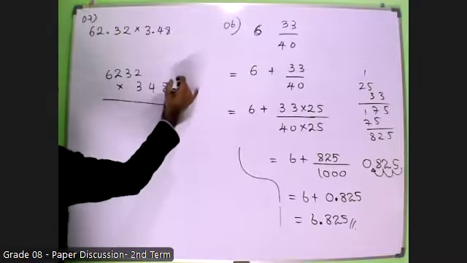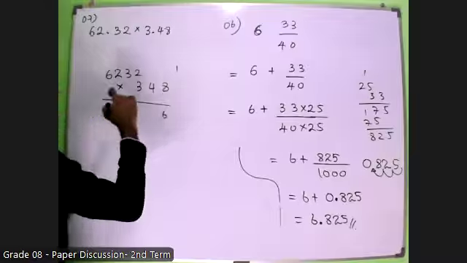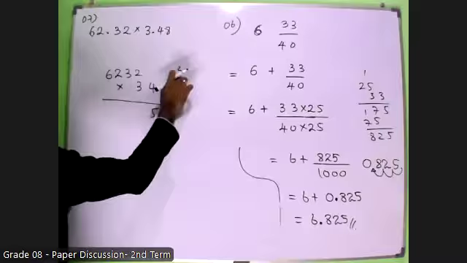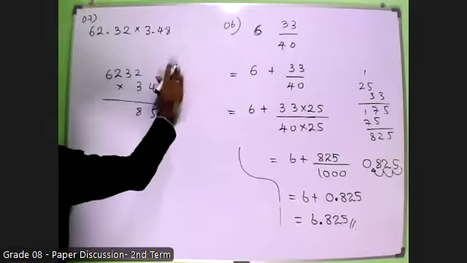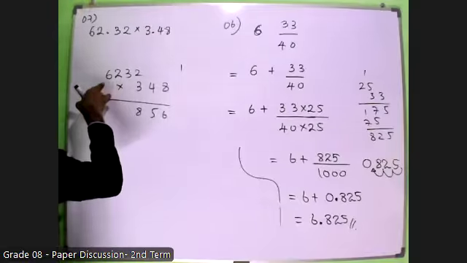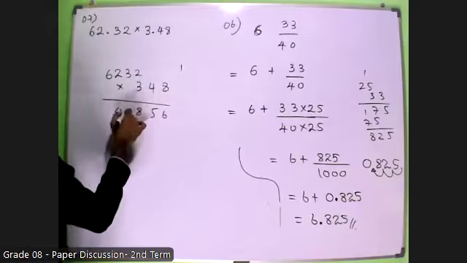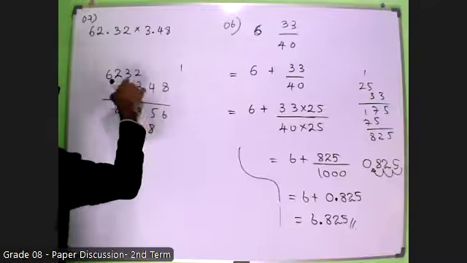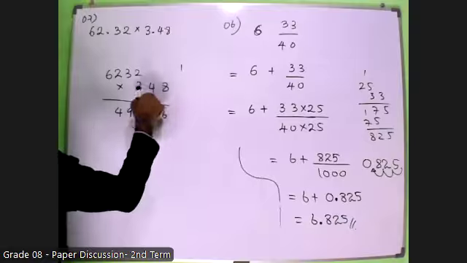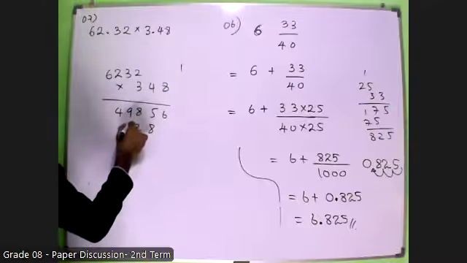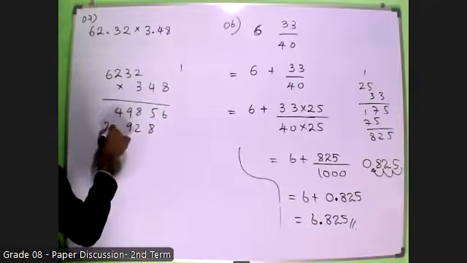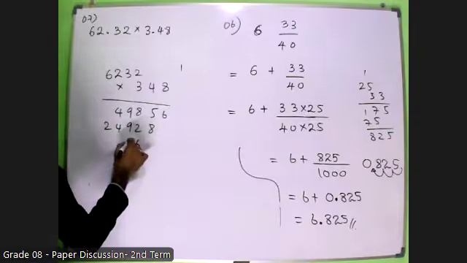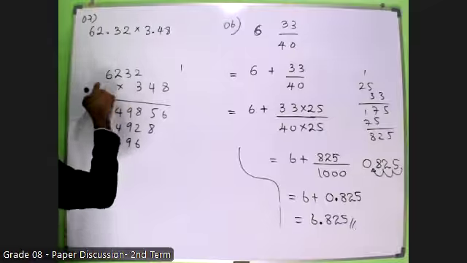8 times 2, 16. 8 times 3, 24, 25. Then remainder is 2. 8 times 2, 16, 16 plus 2, 18. 8 times 6, 48, 49. 49,856. 4 times 2, 8. 4 times 3, 12. Remainder is 1. 4 times 2, 8, 9. Then 4 times 6, 24. 3 times 2, 6. 3 times 3, 9. 3 times 2, 6. 3 times 6, 18.